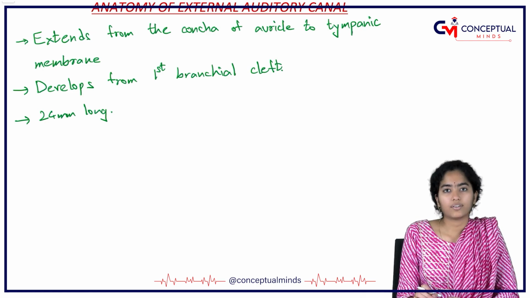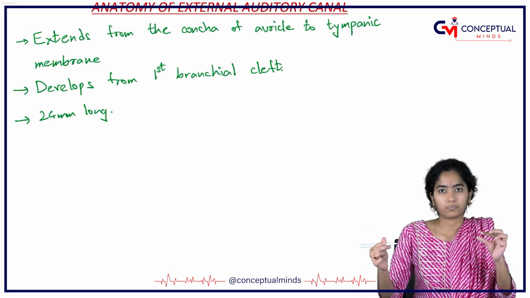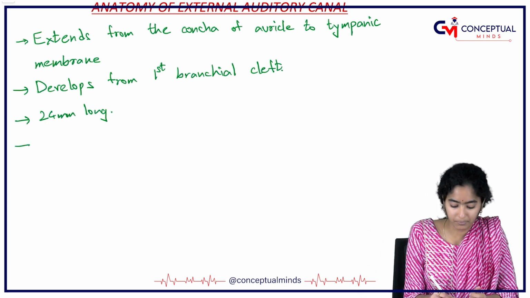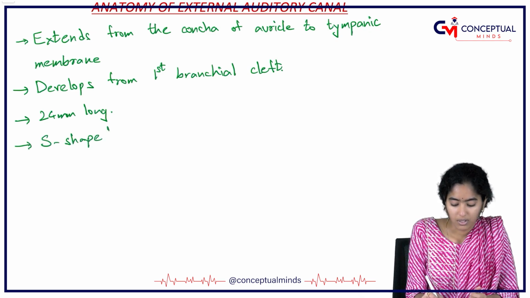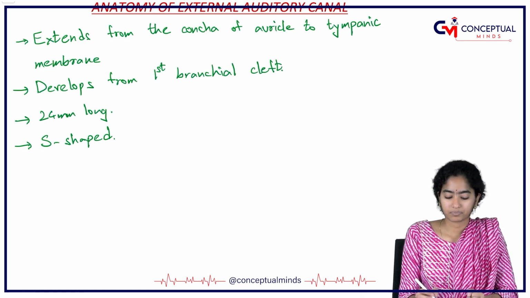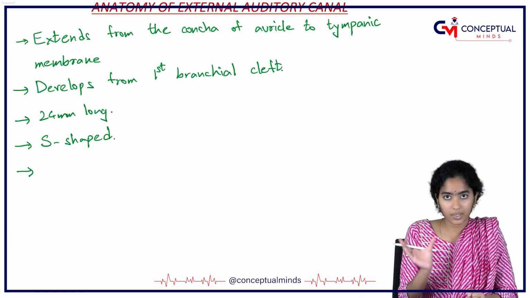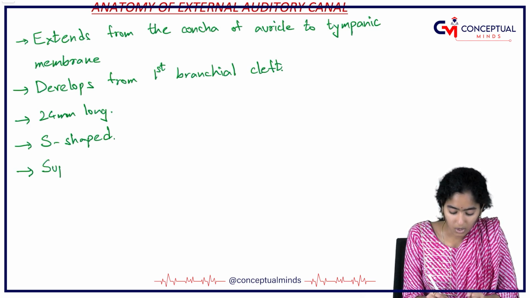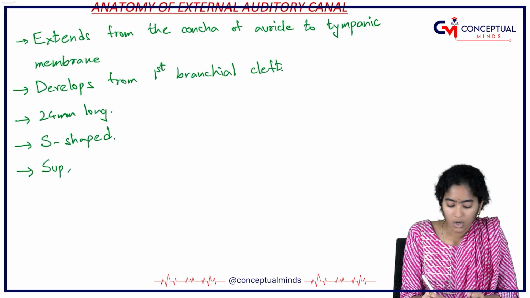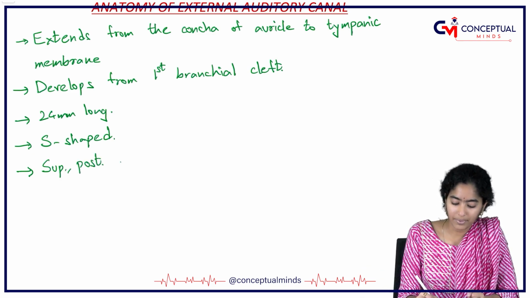And this external auditory canal is not a straight tube, it is S-shaped. So how is it directed? The outer part is directed superiorly or upwards, posteriorly or backwards, and medially.